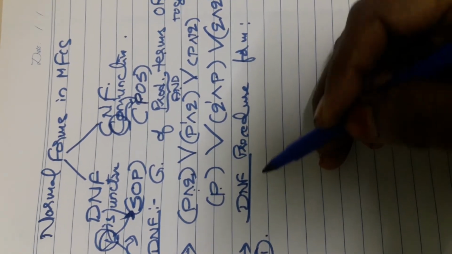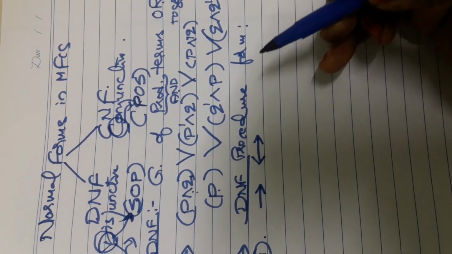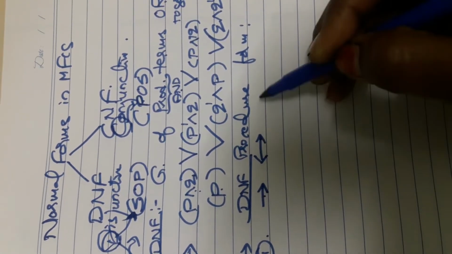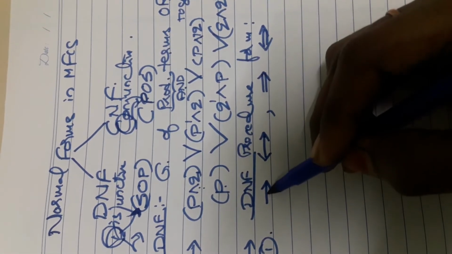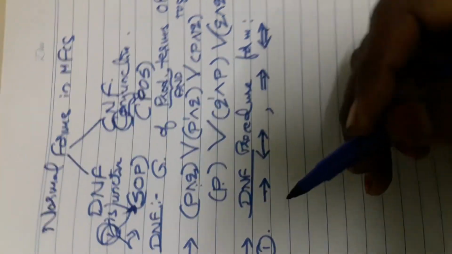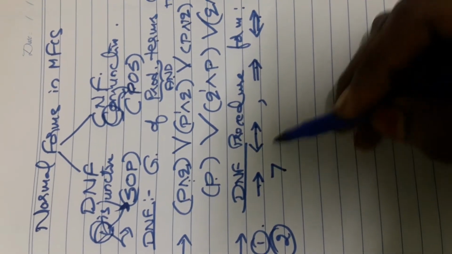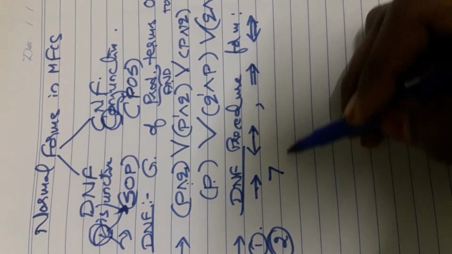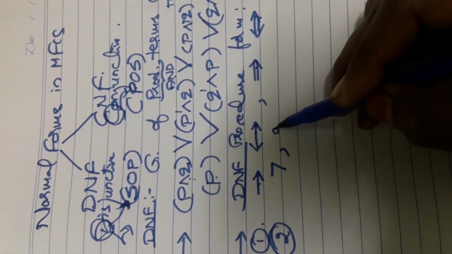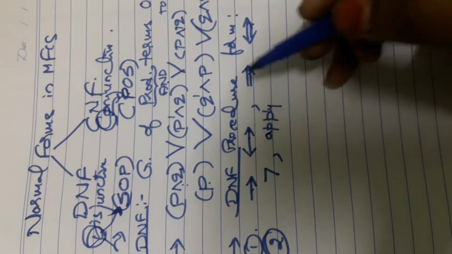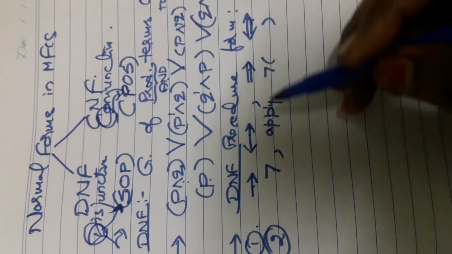First step is to remove the conditional and biconditional connectives. The symbols may be like this also, both will be the same. Second step is to remove the negation for the total logical expression. If the negation is there, remove that negation and apply it to the total logical expression.